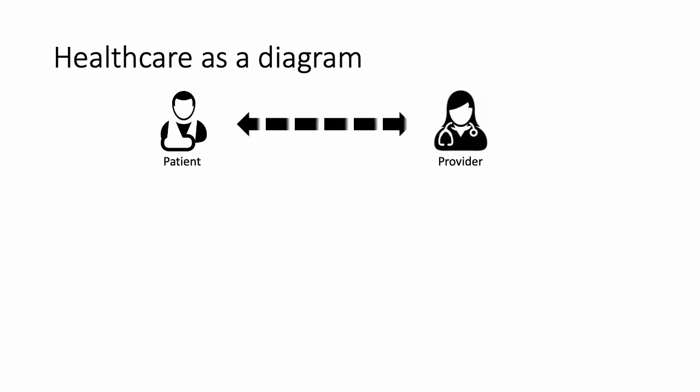If I was to diagram healthcare as a process, I would start with the patient and the provider and an exchange of information between them. Another way to think about the patient in terms of data is a longitudinal data generating process. The patient goes home, lives their life, and generates a bunch of information about their health, risk factors, and goals.